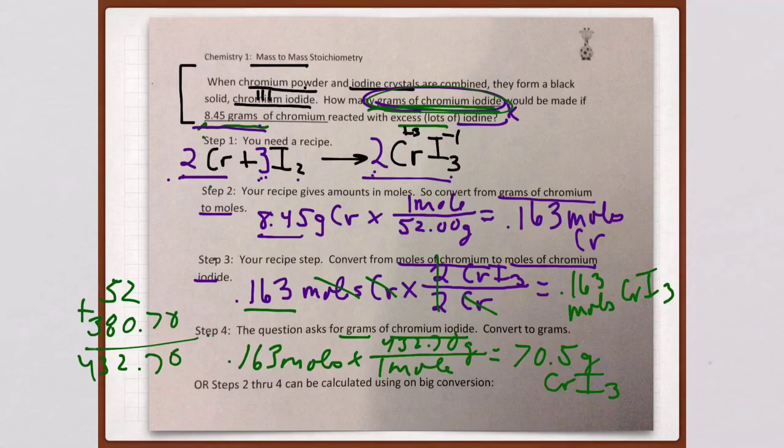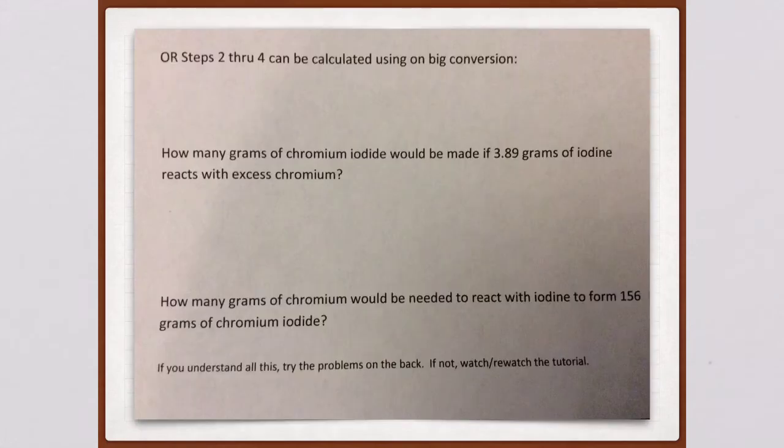And I'm going to go ahead and go here, but I'm going to rewrite our balanced chemical equation up here, because we're going to need that again. Okay, and this is how you would set up one big conversion.